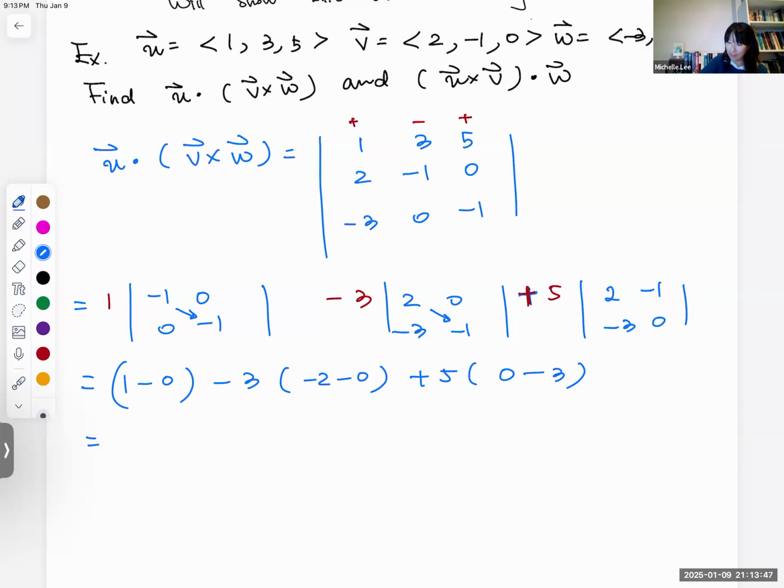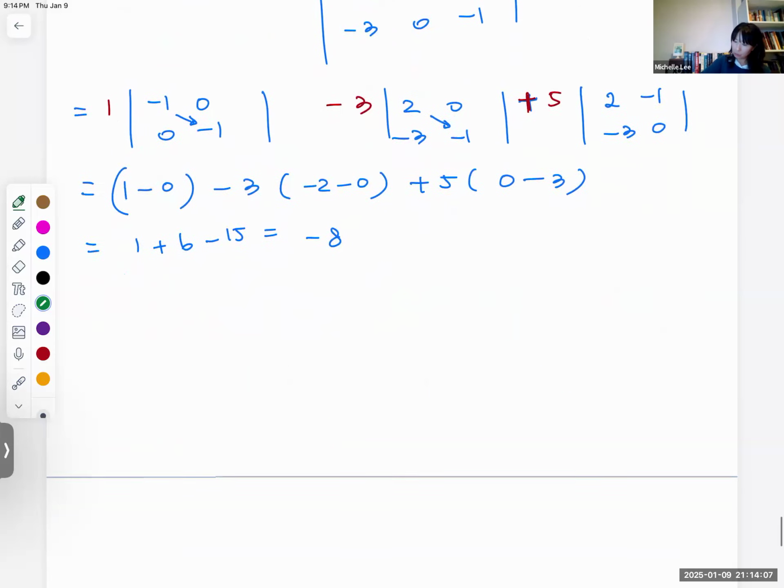With the calculation, 1 plus 6 minus 15, what do you get? Negative 8. Good job.